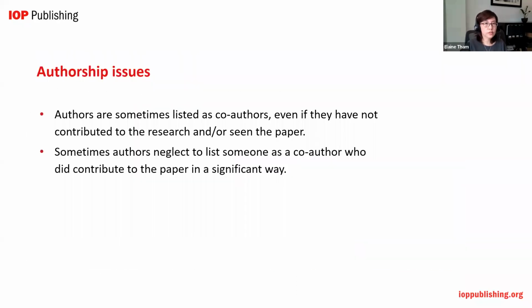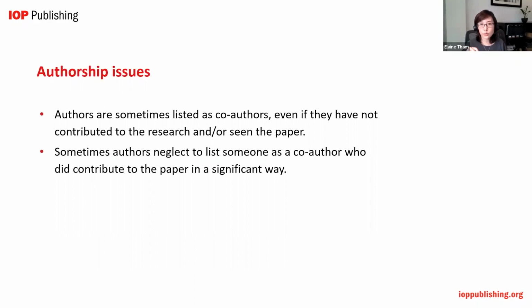And then there are different authorship issues. Now, authors should ensure that all those who have made a significant contribution to the work are cited as co-authors. An author is someone who has made a significant intellectual contribution to the article.